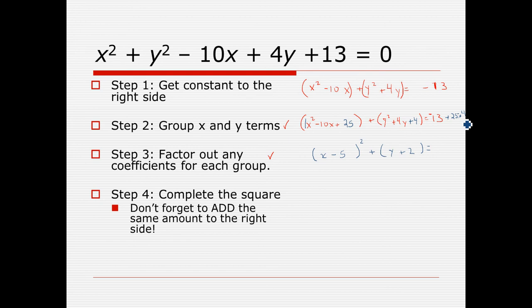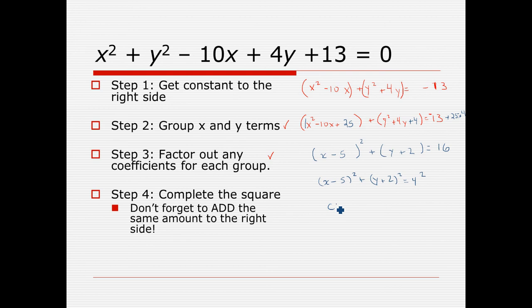Well, 25 and 4 is 29. 29 and a negative 13 is 16. Isn't that nice? This is a math book, so that turns out real nice. Because this is actually x minus 5 squared plus y plus 2 squared is equal to 4 squared.